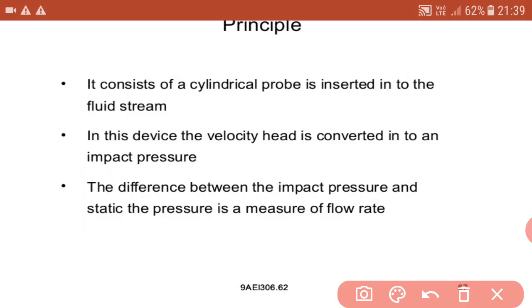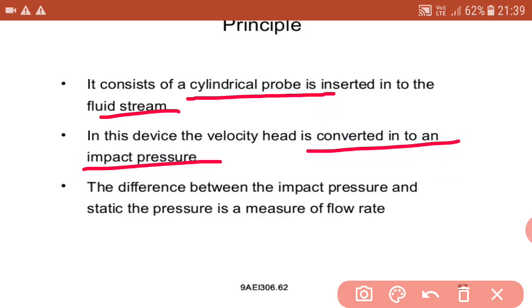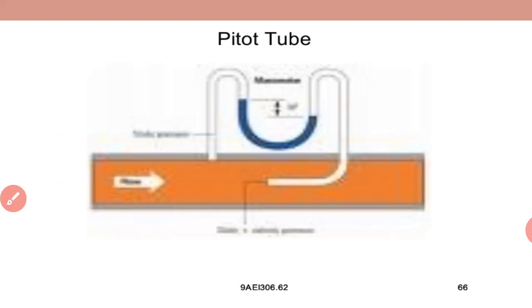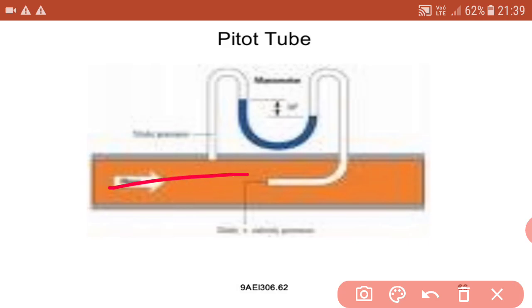Principle: it consists of a cylindrical probe inserted in the fluid stream. In this device, the velocity head is converted into an impact pressure that we have seen in the figure. It means whenever the velocity is this, it is directly converted into impact pressure of this tube.